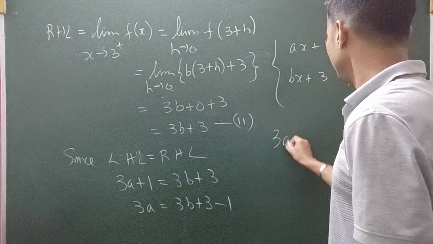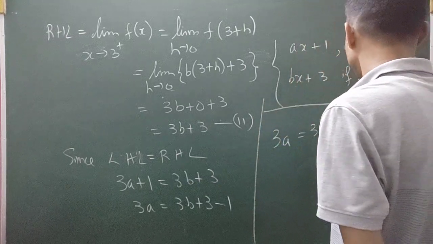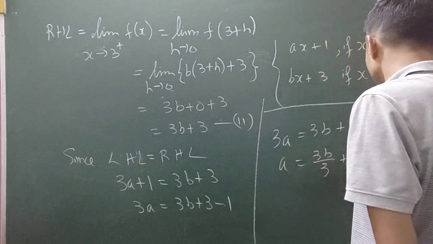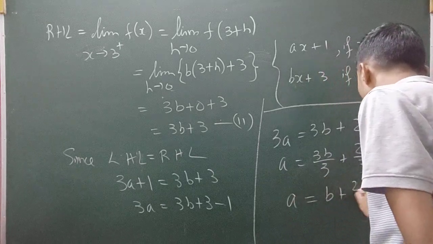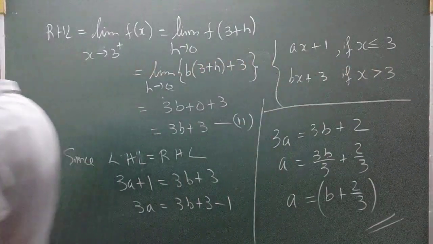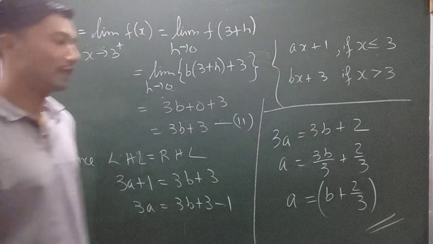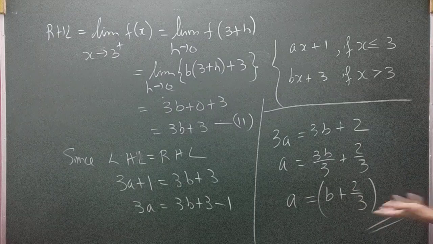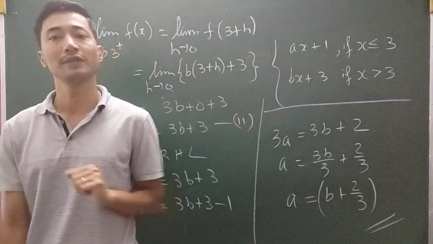So 3a will be equal to 3b plus 2. In other words, a equal to 3b by 3 plus 2 by 3. So a can be written as b plus 2 by 3. I guess this can be the relation, isn't it? So a equal to b plus 2 by 3. We were just told to find a relationship between a and b using the condition. We did that. Finished.